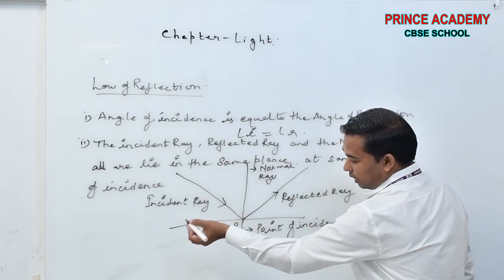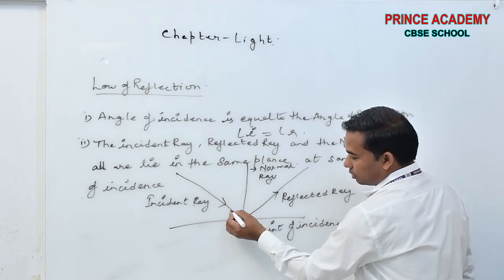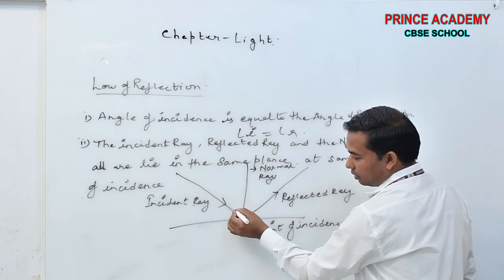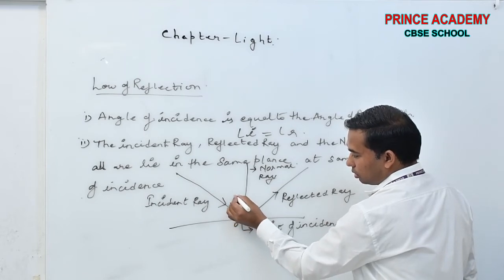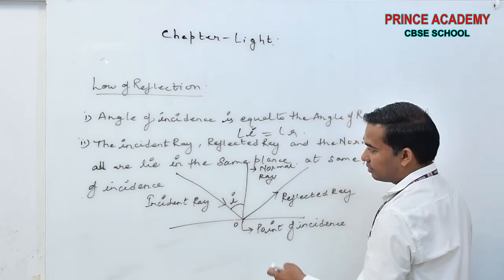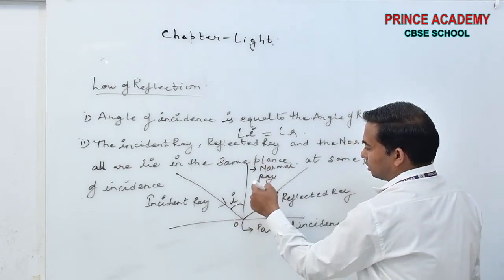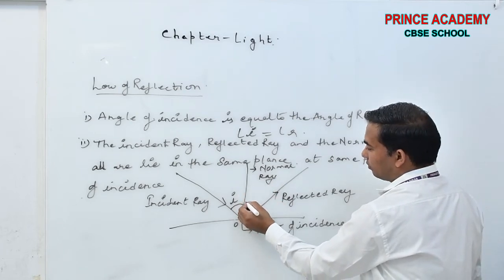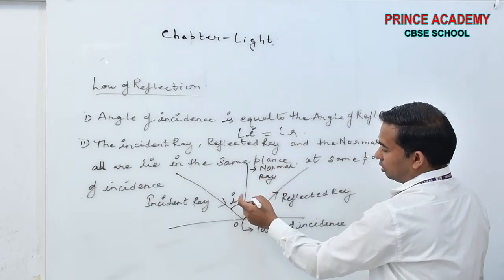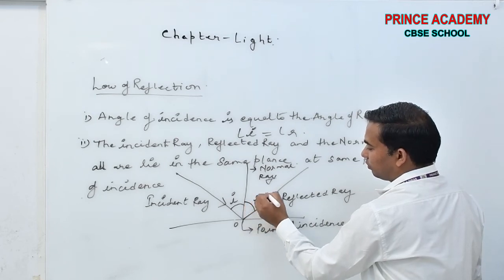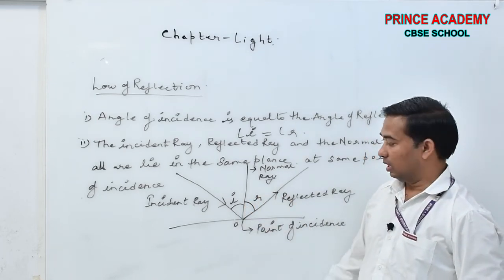Here, the incident ray makes an angle with the normal. This is called the angle of incidence, and the reflected ray makes an angle with the normal ray. This is called the angle of reflection.